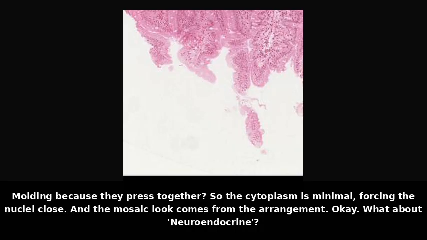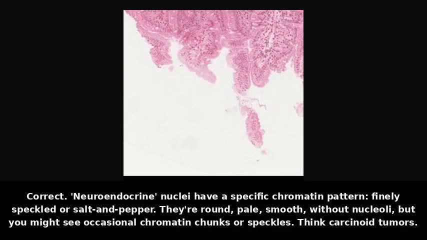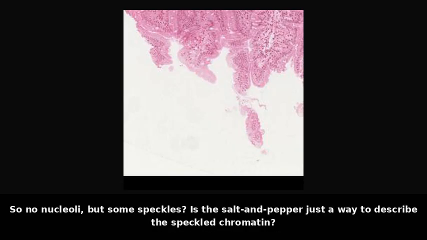What about neuroendocrine? Neuroendocrine nuclei have a specific chromatin pattern. Finely speckled or salt and pepper. They're similar, round, pale, smooth, without nucleoli, but you might see occasional chromatin chunks or speckles. Think carcinoid tumors. So, no nucleoli, but some speckles.